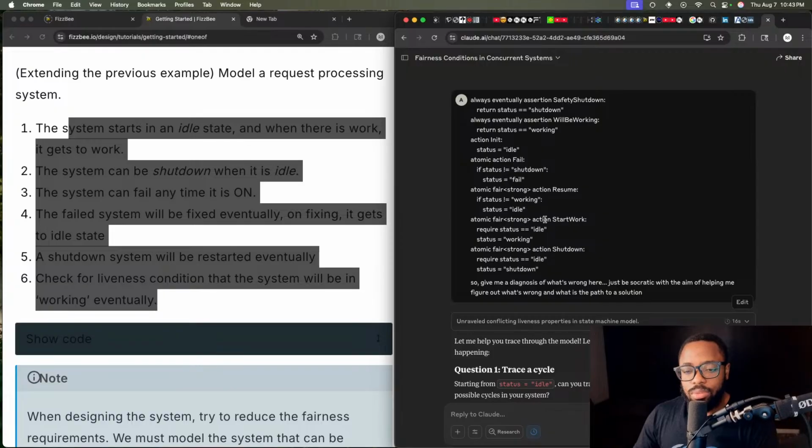Idle. What am I saying? So I think my answer to question 1 will be, an example will be idle. You go from idle to, well, you can stay stuck at idle due to the strong fairness here and here.